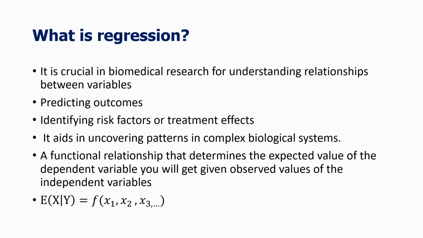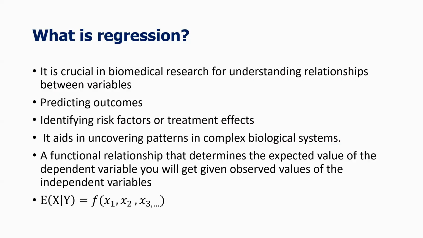So what is regression? Now, regression is crucial in biomedical research for understanding the relationship between your independent and dependent variables. It can be used to predict your outcomes or response or dependent variables. It is used to identify the risk factors or treatment effects of importance.